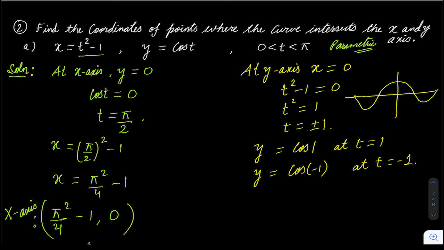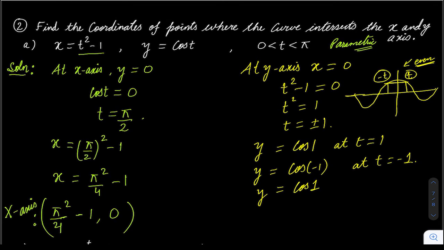Either you find the value at t or at minus t, it is the same, right? People call this an even function also. It means you can find the value at x or minus x, and it will give you the same value for cosine. So basically cos of minus 1 is nothing but cos of 1 only. This is important. Otherwise you might lose some marks if you don't write this.